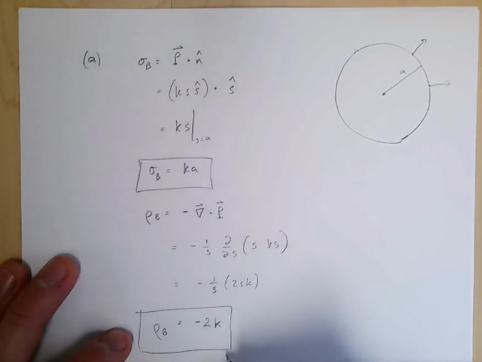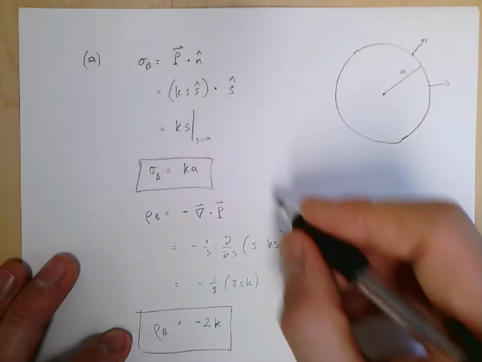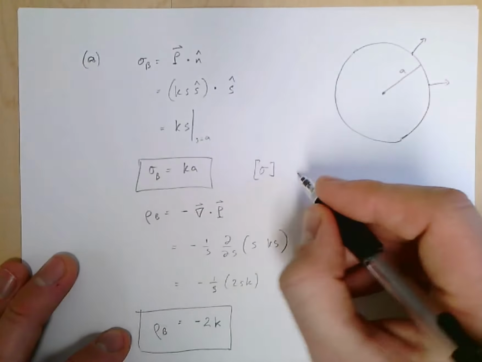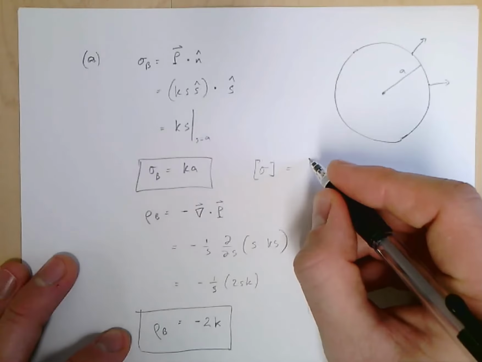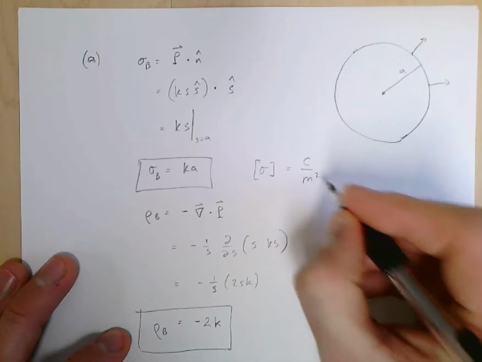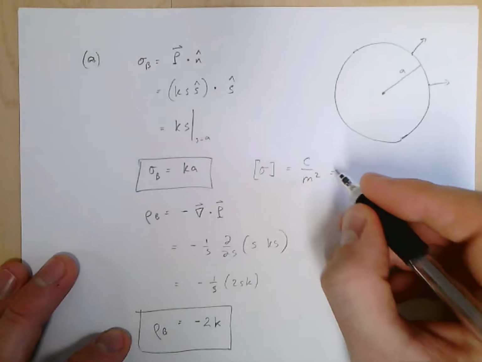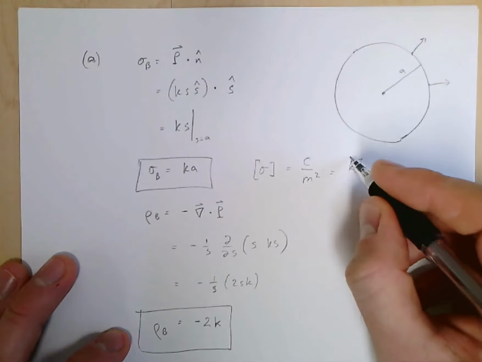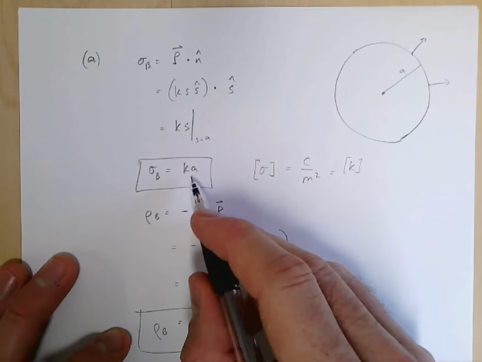So we've taken a look at the sigma bound and rho bound, but what's this k? Well, okay, maybe one way we could do it is just to say that I know that the units of sigma have to be coulombs per meter squared, right? So coulombs per meter squared, and that's going to be k, units of k, I don't know what that is at the moment yet, times a.